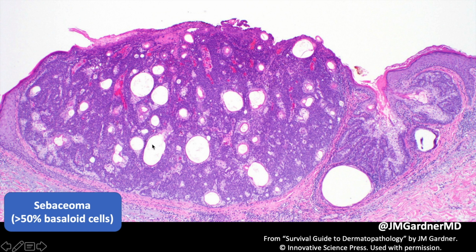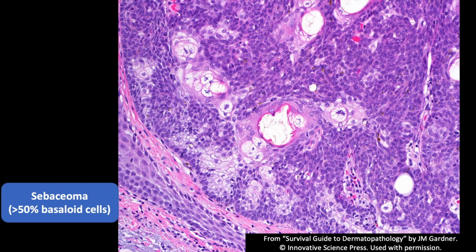But here the tumor has got mature sebocytes, like sebaceous adenoma, but over 50% of the tumor cells are basaloid. So that's kind of this arbitrary distinction or cutoff that we make, that if it's more than 50% basaloid, we call it sebaceoma. I'm not sure why we have that as the cutoff, but that's what the people have told us from history, and so that's what we tend to do by convention.